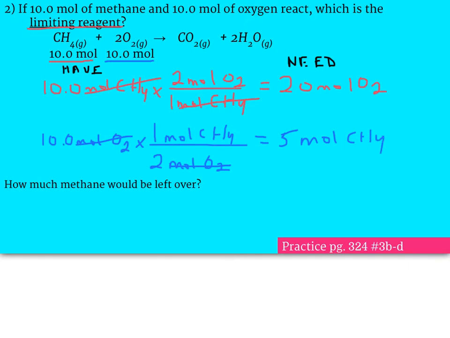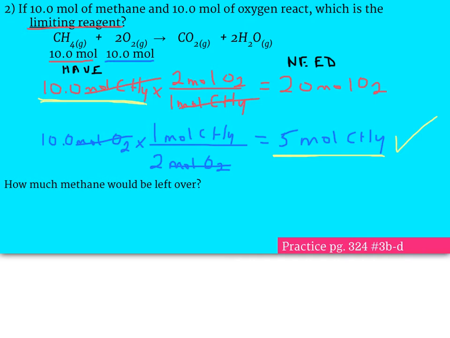Now on the left-hand side, you can see that I have 10 moles of CH4. In order to react all the oxygen, I am going to need 5 moles of CH4. So if I have 10 and I'm going to need 5, that means I have everything I'm looking for. I'm going to put a check mark there saying I have enough of that.